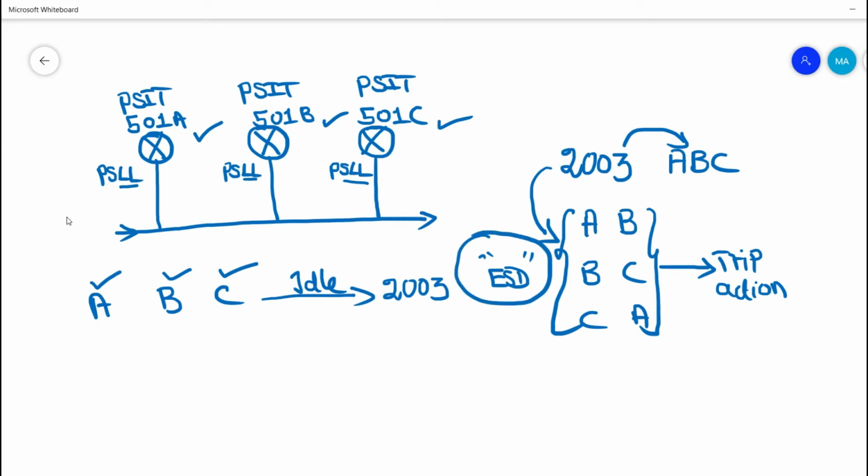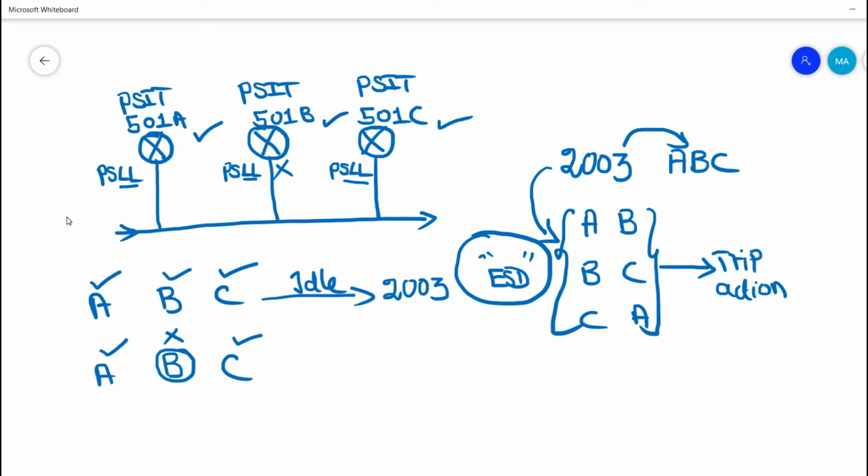Now coming to the degrading logic, we have 3 transmitters, Alpha, Bravo and Charlie. Now there is a different scenario. Bravo transmitter, that is PSIT 501 Bravo, is not available, and Alpha and Charlie, these 2 transmitters, are working in line. Okay, they are available.